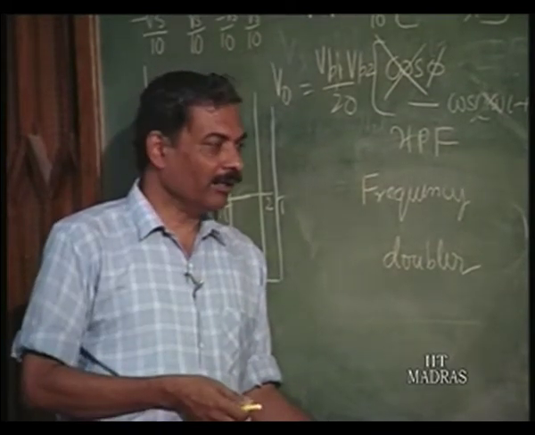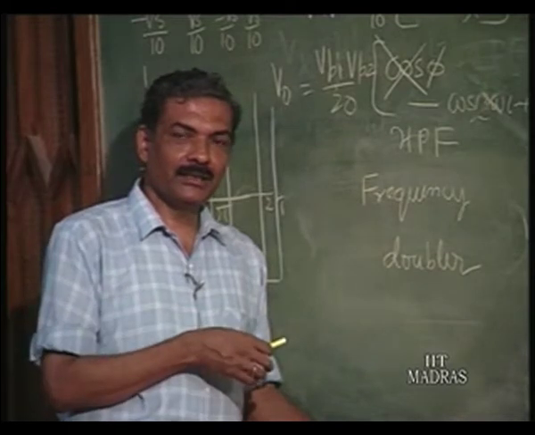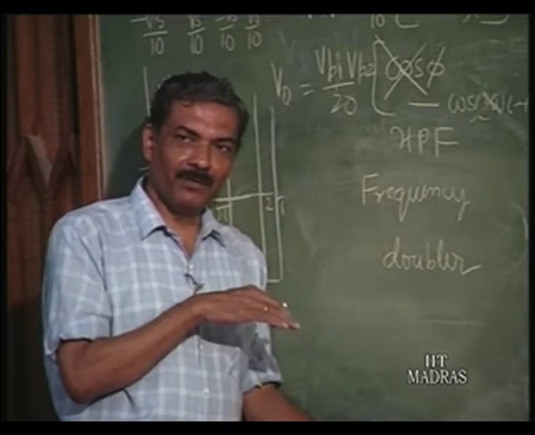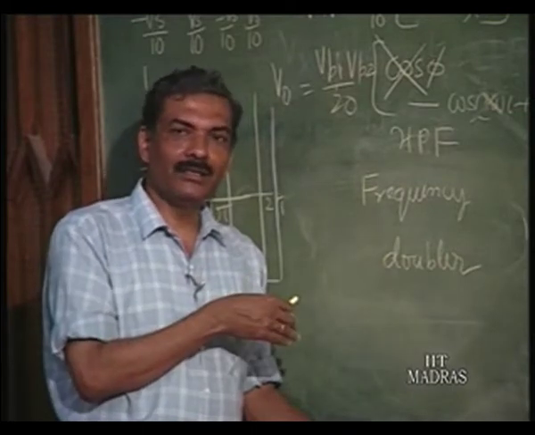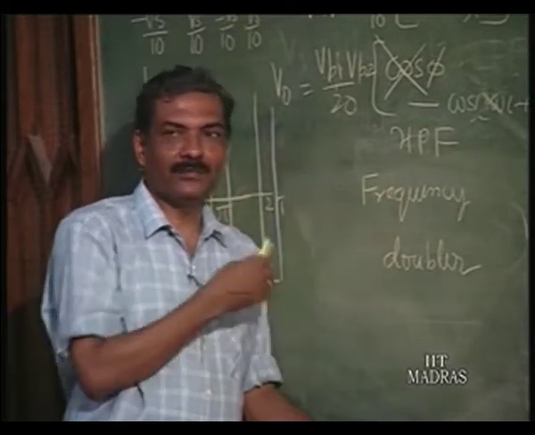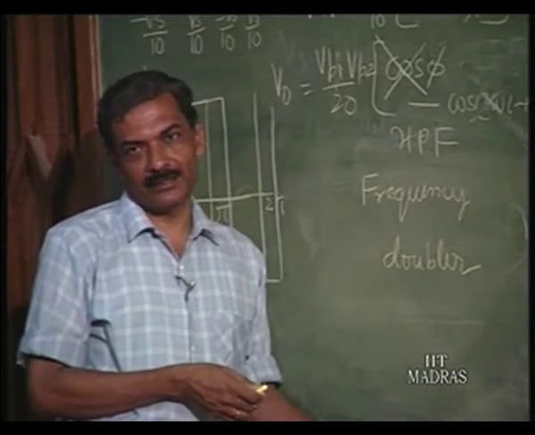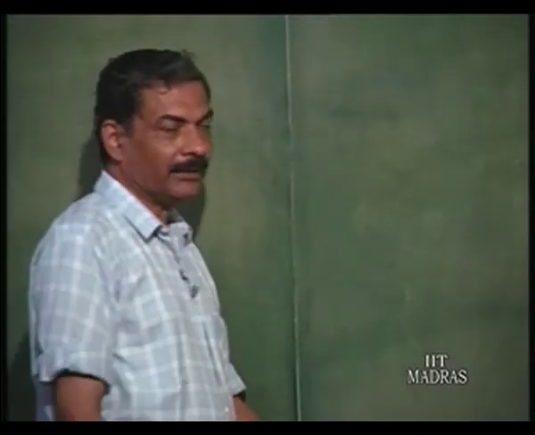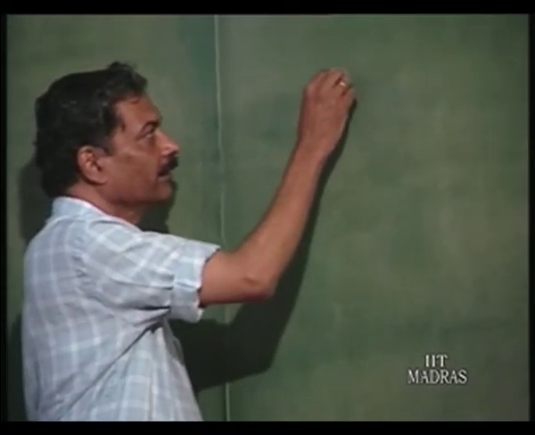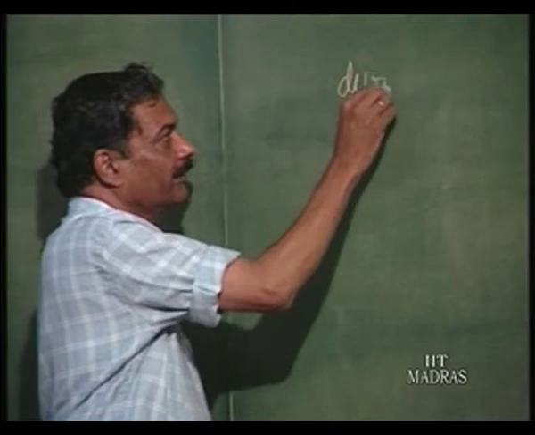So, we can generate a periodic waveform of any shape using a triangular waveform with this kind of frequency synthesis. Other applications of the multiplier, like how to use it as a divider.